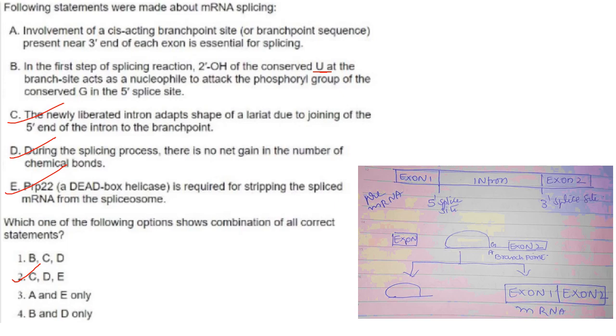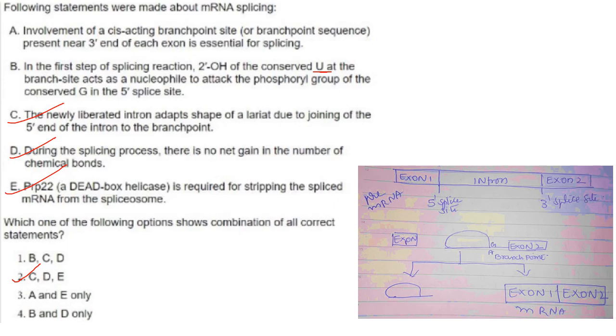Second, cleavage takes place at the 3' splice site, and 2 exons are spliced together in this trans-esterification reaction. So these are the 2 trans-esterification reactions. That is, first cutting of the 5' splice site, joining it to the branch point, is the first trans-esterification reaction. Then the 3' splice site is cut, both the exons are joined, the intron is released as a lariat, that is the second trans-esterification reaction. So there is no net gain in the number of chemical bonds. So D is also correct.